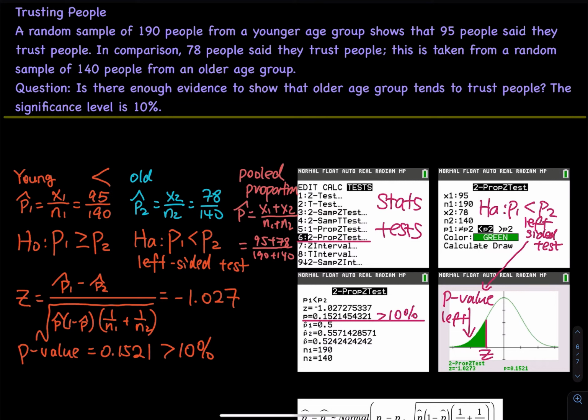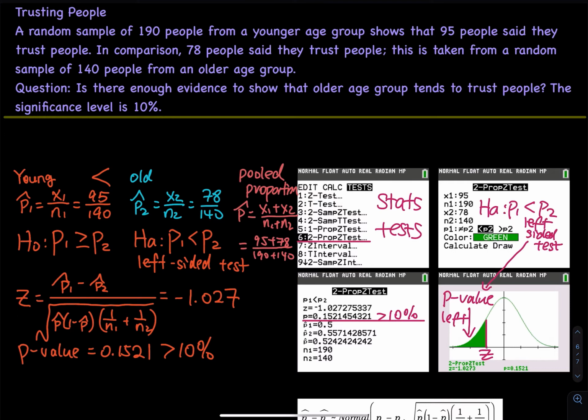And then other than calculate, you can click draw. If you click draw, that brings you to the graph. So I already said that this is a left-sided test, and then you have a region on the left. That region is the p-value, and then the cutoff is where the z is. If you want to find the p-value manually, then you will have to use the normal CDF. You studied that in normal distribution, so you go to second, and then you hit the vars key, and then you select normalcdf.